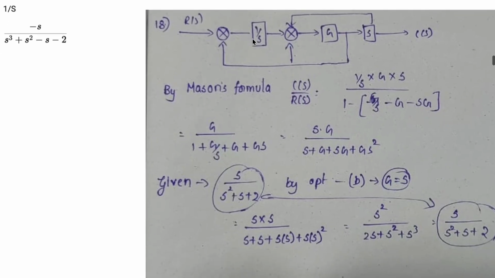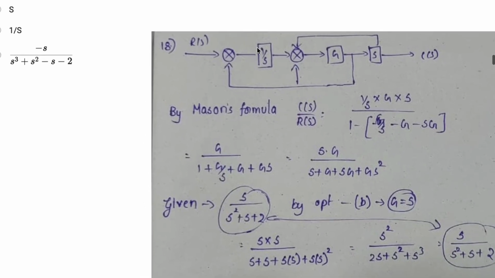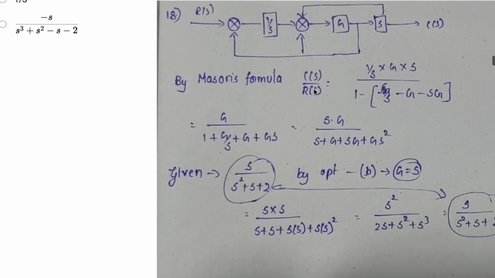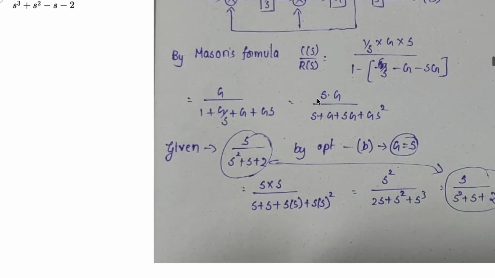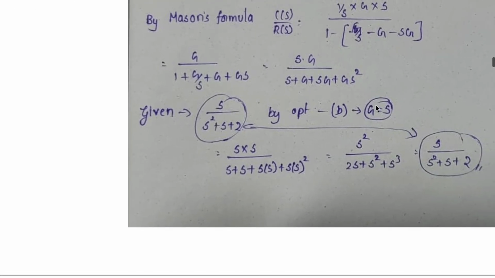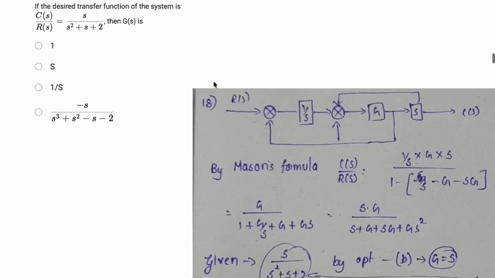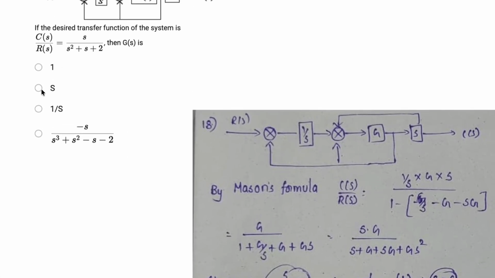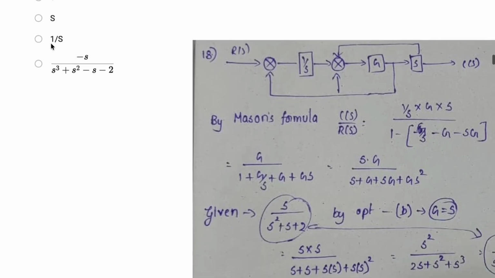By checking 1 by s into G into s by 1 minus the loop equations, 1 by 1, G by s, minus G by s and minus G and GsG. By calculating this, we get sG by s plus G plus sG plus Gs square. By option verification, substituting G equal to s, we get the same equation as the transfer function in option B.